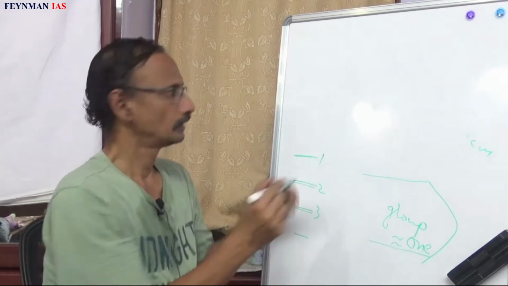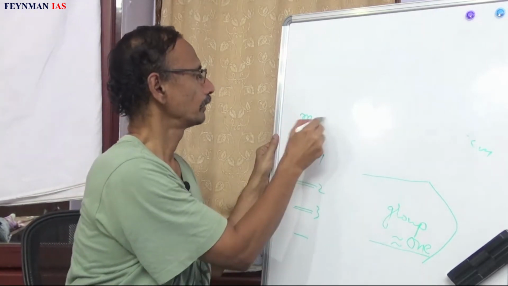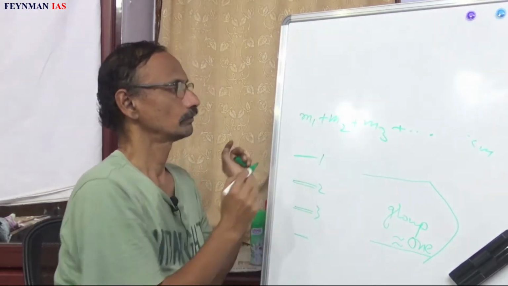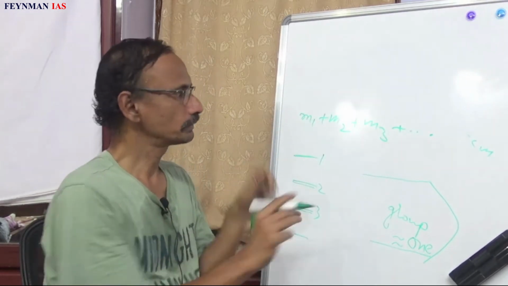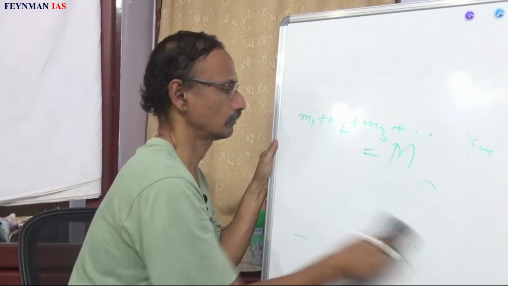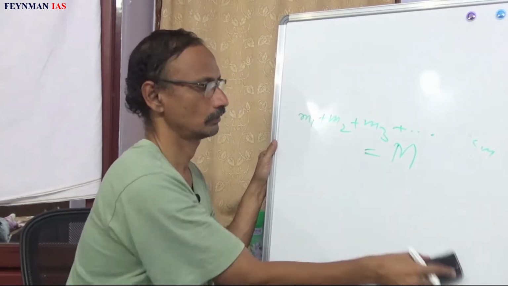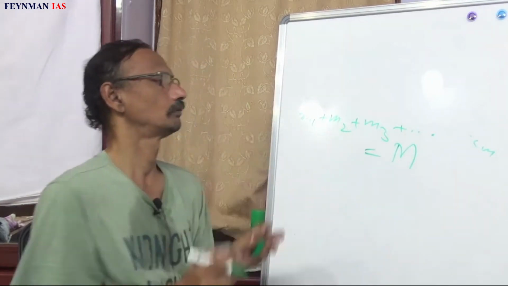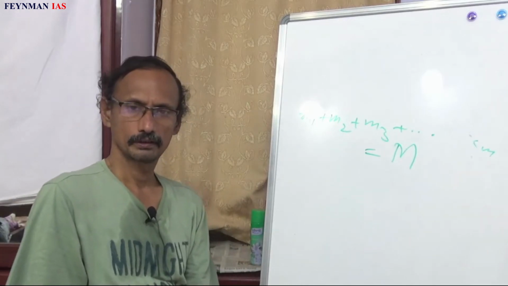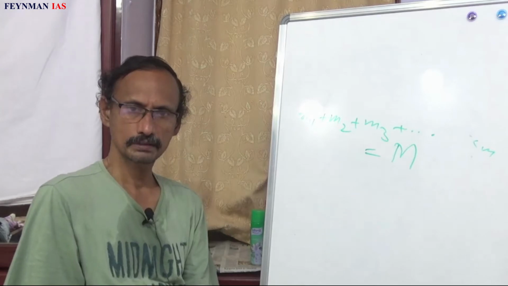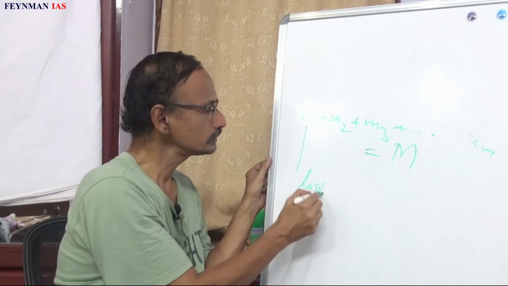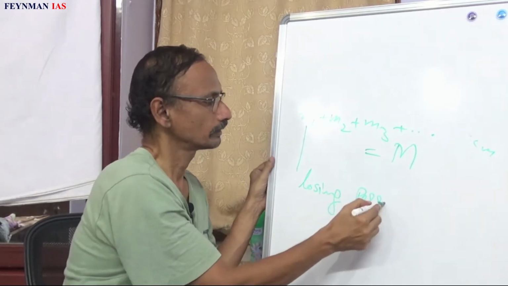That is, when M1, M2, M3 become one capital M, it means these individuals are losing personality.